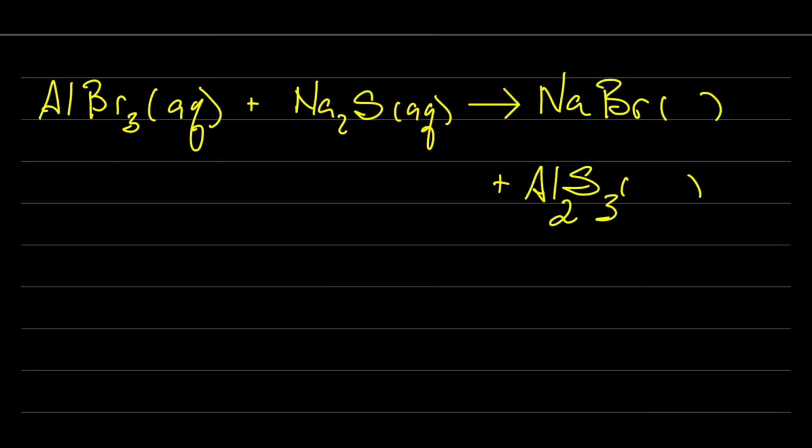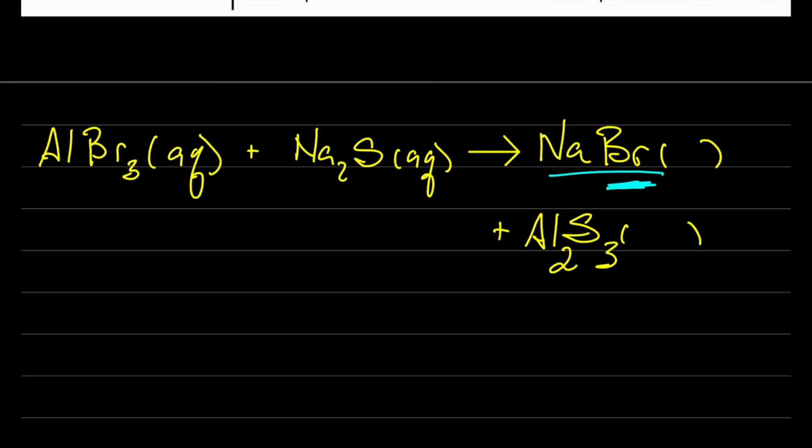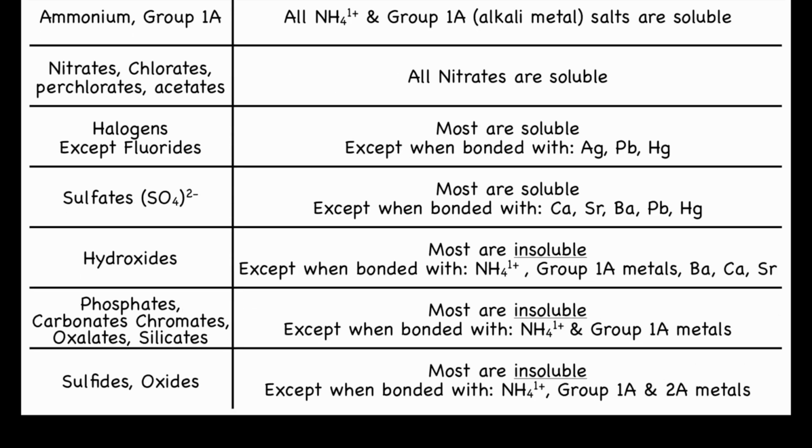Okay, now the new part. Before we balance the reaction, we need to look up and see if either or both of these products were produced. So we'll start with NaBr. We're going to find bromine on the solubility rule chart and then look and see if, when it's hooked up with sodium, it's soluble or insoluble.